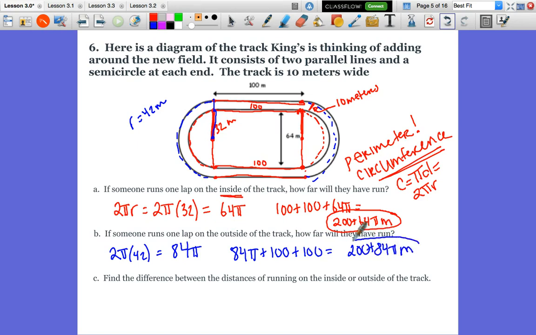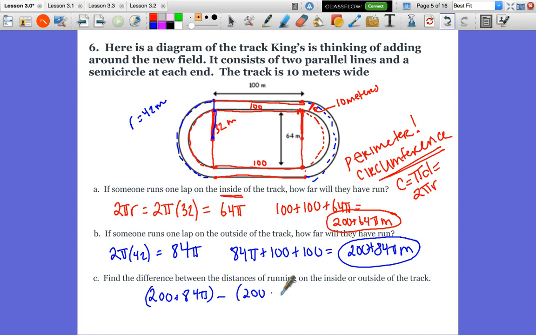What about find the difference between the distances run if you're doing the outside track versus the inside track? The outside of the track versus the inside of the track. So I'm going to do the bigger one, 200 plus 84 pi. I don't even need the decimal.